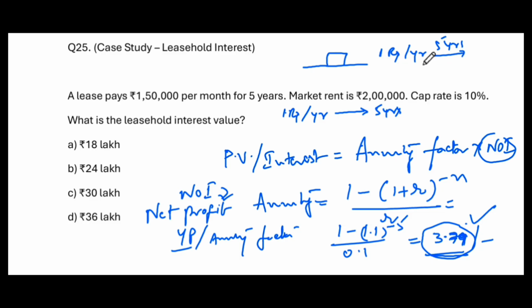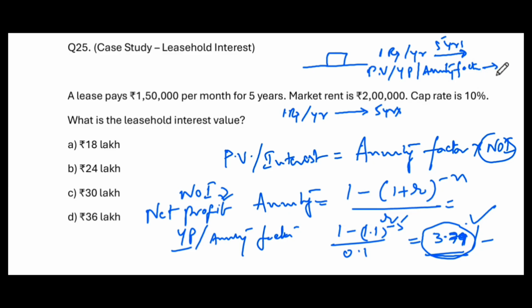Every year it will generate 1 rupee, and it will be for a limited period of 5 years only. So what is the value of the property today? That is the annuity factor, the present value factor, the years' purchase factor. The three are the same, don't get confused.